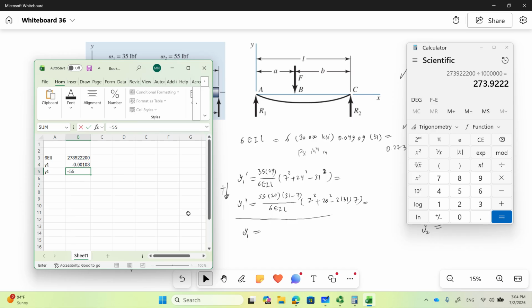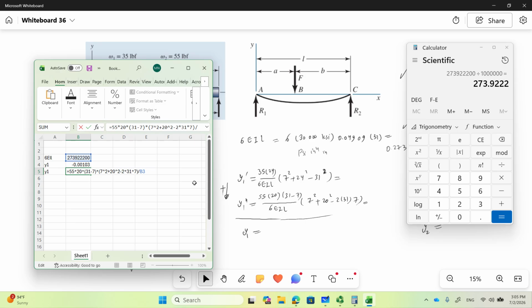Now y1 double prime. Let's do it. 55 times 20 times 31 minus 7 times 7 squared, 20 squared minus 2 times 31 times 7, divided by this guy. Alright, so let's see, this one should come out negative.